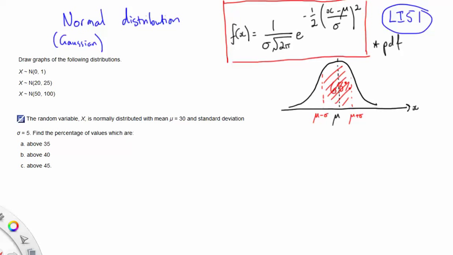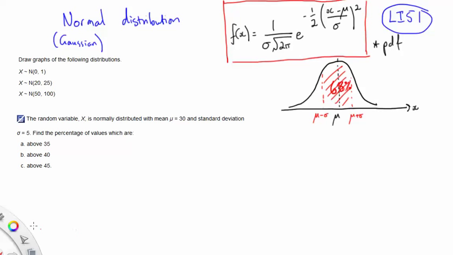That's 68% there. So if you had a mean of 10 and a standard deviation of 2, 68% of the time you're going to get a value between 8 and 12. 68% of your data lies within this interval.